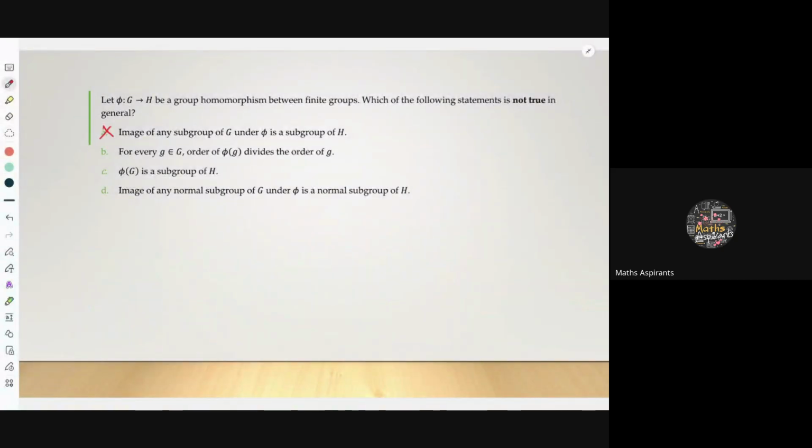For every g in G, the order of phi of g must divide the order of g. Let g belong to G and m be the order of phi of g.